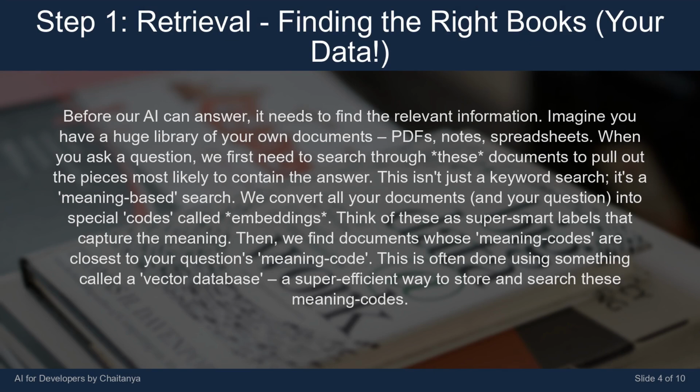Before our AI can answer, it needs to find the relevant information. Imagine you have a huge library of your own documents, PDFs, notes, spreadsheets. When you ask a question, we first need to search through these documents to pull out the pieces most likely to contain the answer. This isn't just a keyword search. It's a meaning-based search.